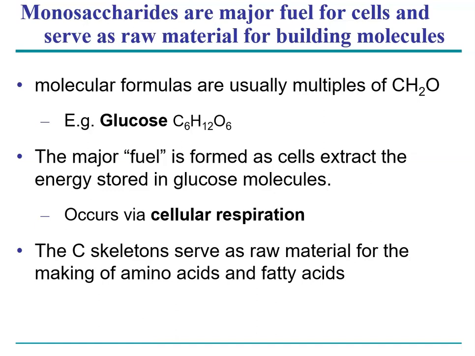You can usually recognize monosaccharides by their molecular formula, as they are usually in multiples of carbon, hydrogen, and oxygen. For every 2 hydrogens, there's 1 carbon and 1 oxygen. Looking at the molecular formula for glucose, C6H12O6, that fits the rule. There are twice as many hydrogens, 12, compared to 6 carbons and 6 oxygens.